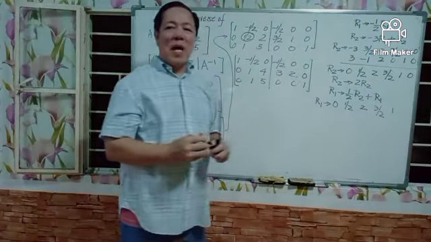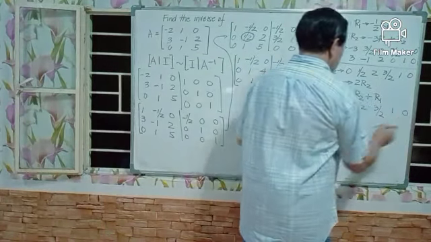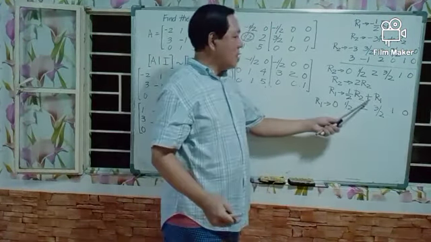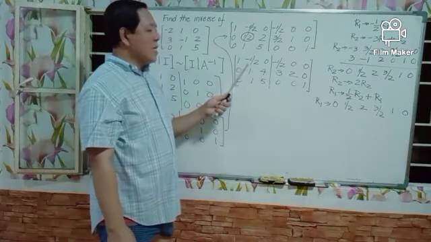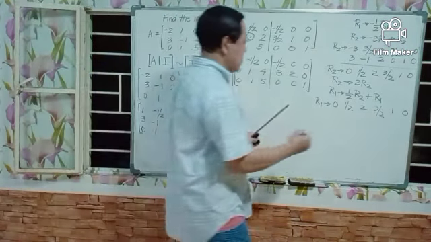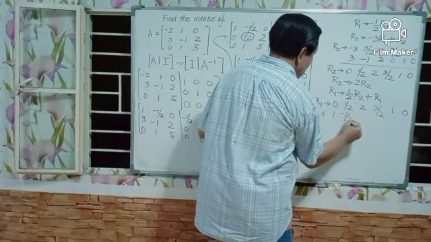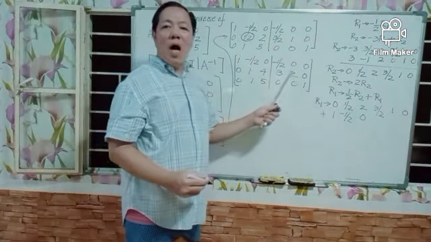And 0 multiplied by 1/2 is 0. And to these products, we add the old entries of row 1. We have 1, negative 1/2, 0, negative 1/2, 0, 0.